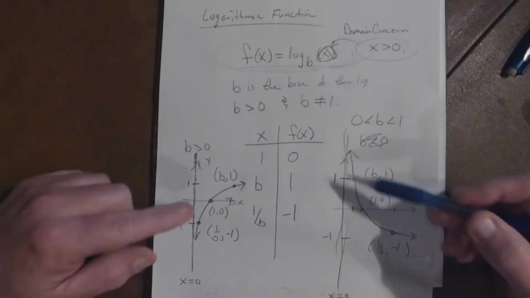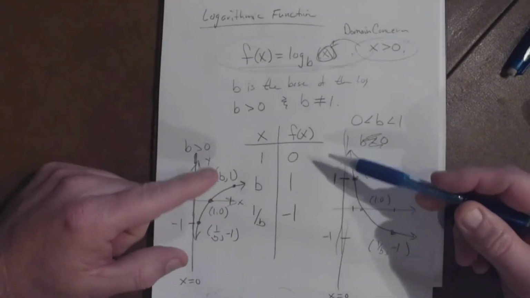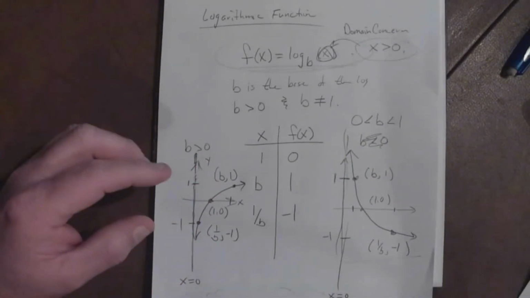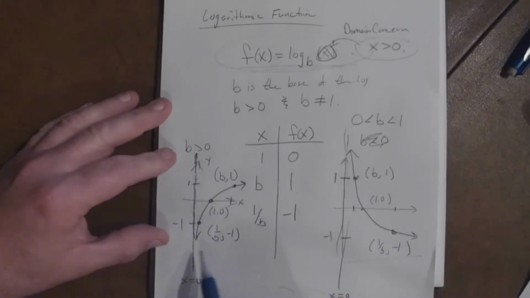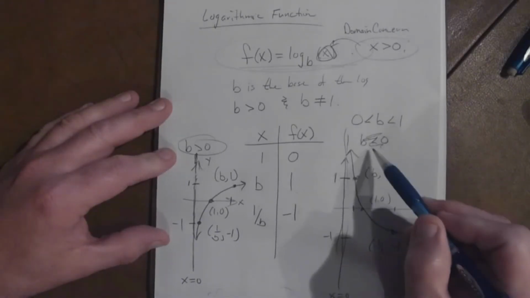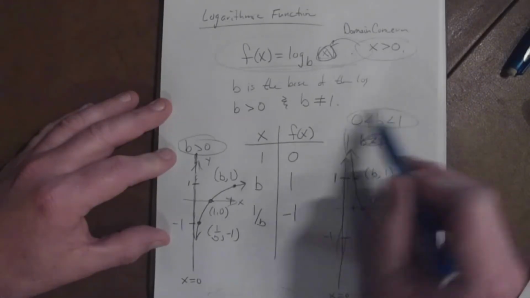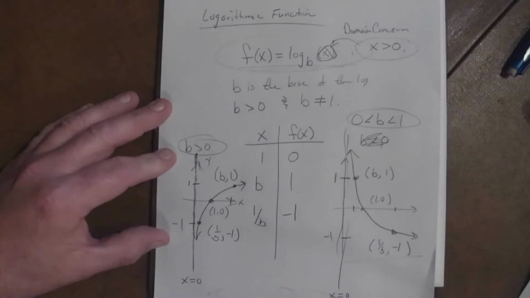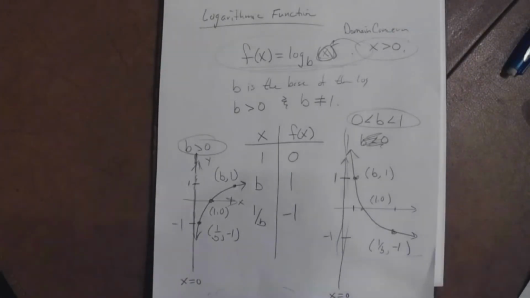Right? And its graph is given by either the case where we see logarithmic growth, where b is greater than 1, or the case where we see logarithmic decay, the case where b is between 0 and 1 in value.